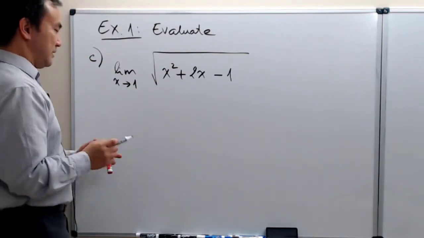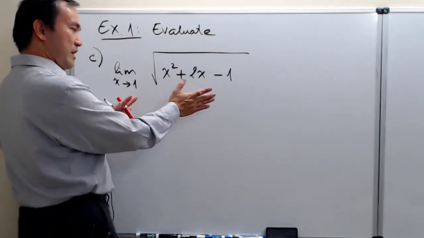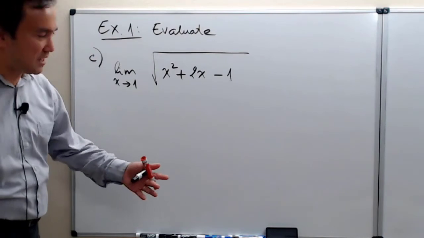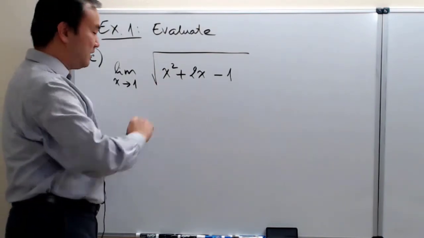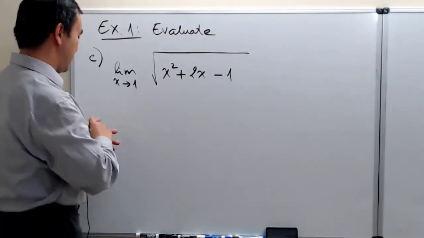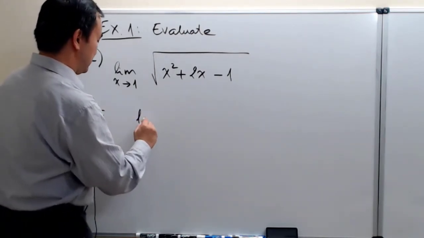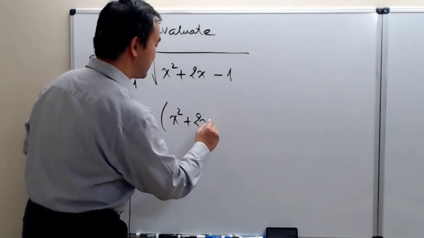Okay, so immediately what caught my attention here is that we have some function being inside of a root. So that reminds me about the root law of limits. We are now at this point of our learning, we are allowed to find individually the limit of the function inside the root.